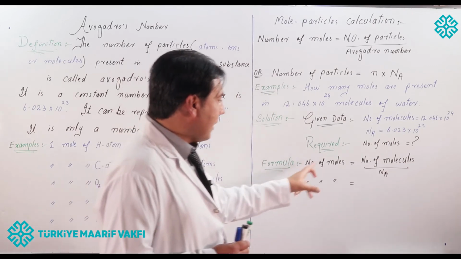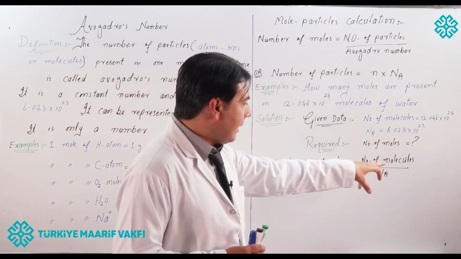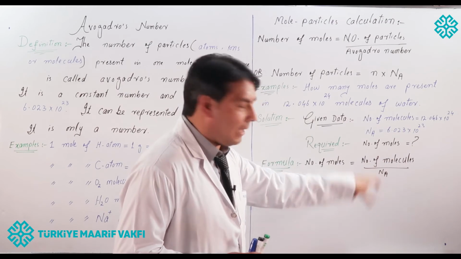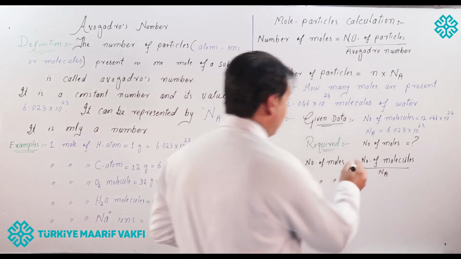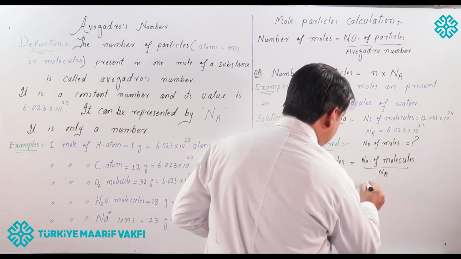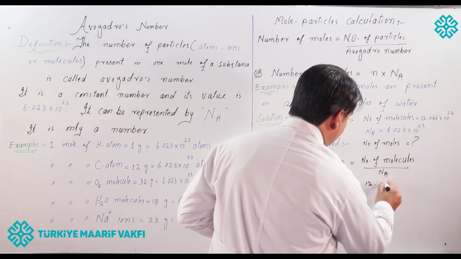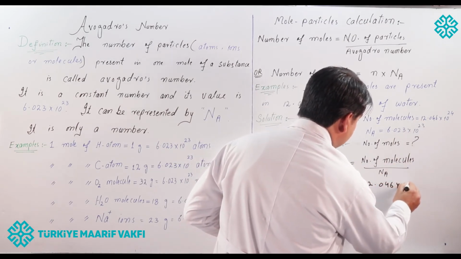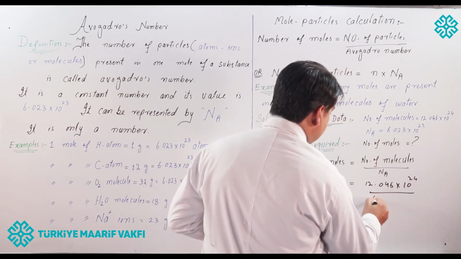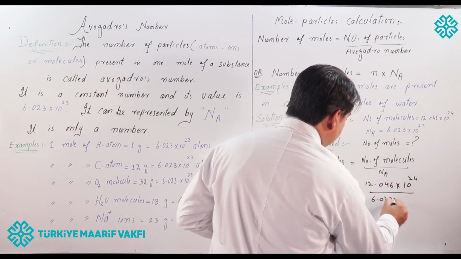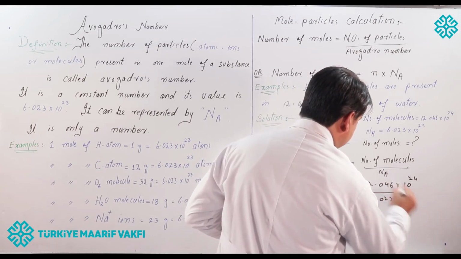Formula: number of moles is equal to number of molecules divided by Avogadro number. The number of molecules is 12.046 multiplied by 10 power 24, and Avogadro number is 6.023 multiplied by 10 power 23.